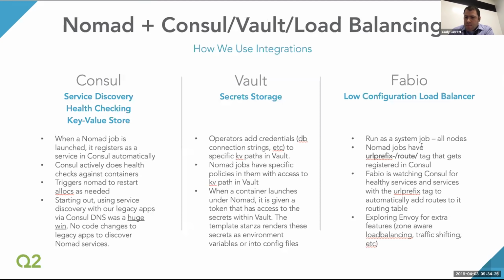Whenever we deploy a job and the service becomes healthy, Fabio is looking for that URL prefix tag in any of the services, and then automatically adds that route to its routing table, so that when we deploy a job, we can immediately begin hitting that application. We're also currently looking into Envoy for some extra features we're considering, like zone-aware load balancing or traffic shifting.